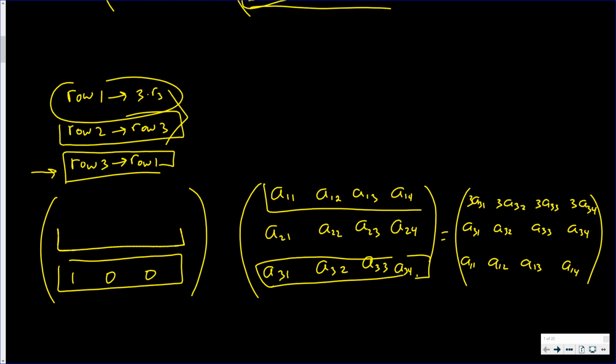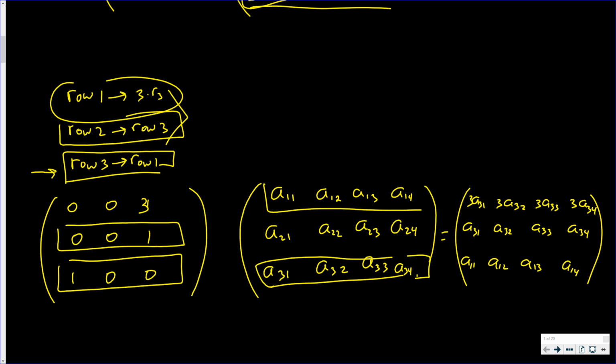So instead of row 2, I put the identity for row 3. But now I want row 1 to become 3 times row 3. A little bit different. So row 1 should become row 3, but 3 times it.